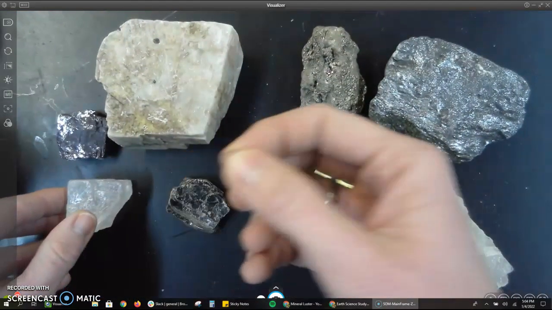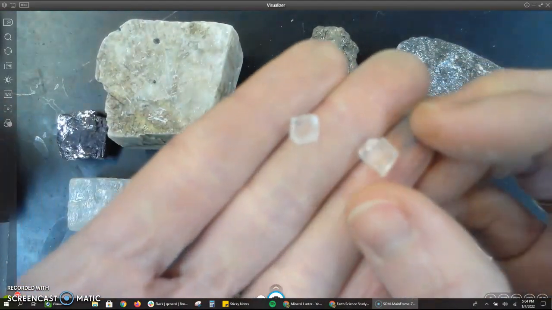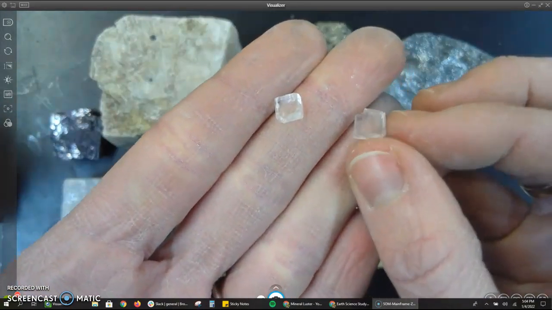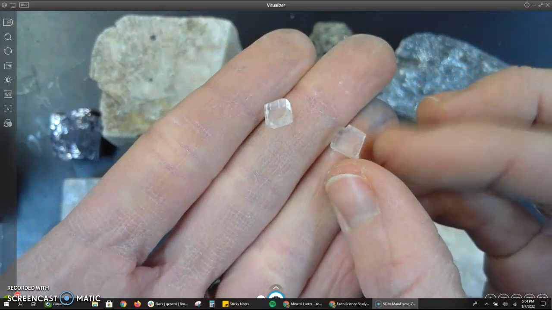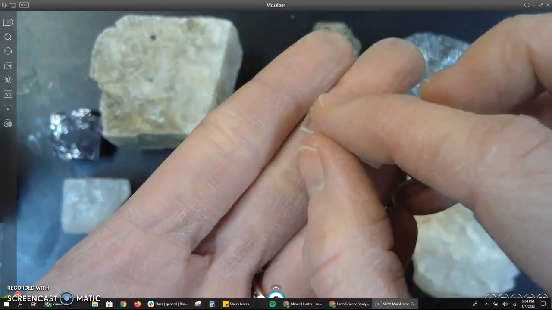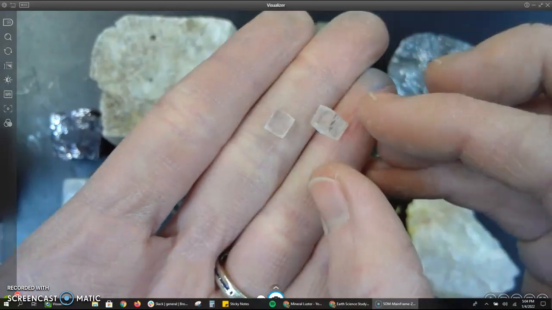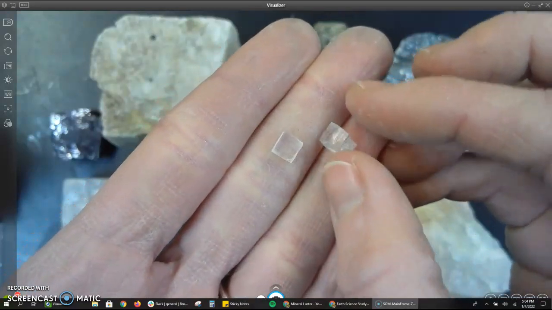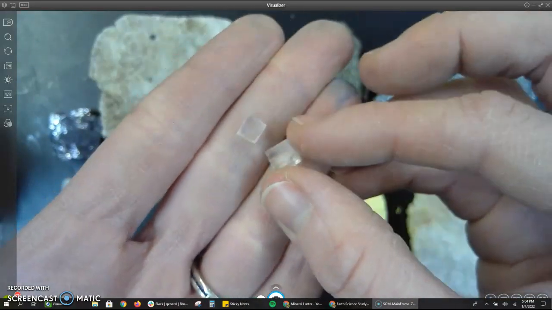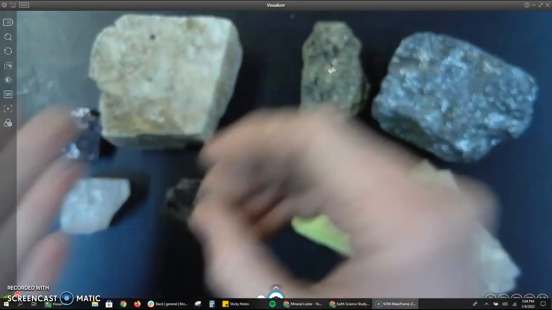In fact, these two little tiny pieces that I have right here, these perfect cubes, are pieces of halite that broke off of the larger piece, but these were not cut. This happens naturally. So anytime you see a shape that looks too perfect to be true, that's probably a really good indication that you're looking at a mineral that has cleavage instead of fracture.